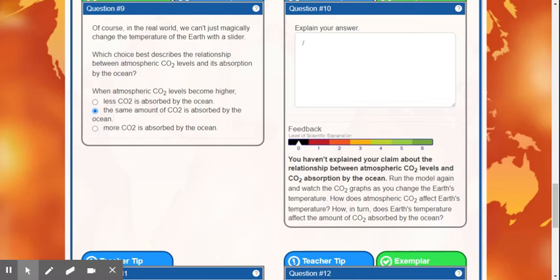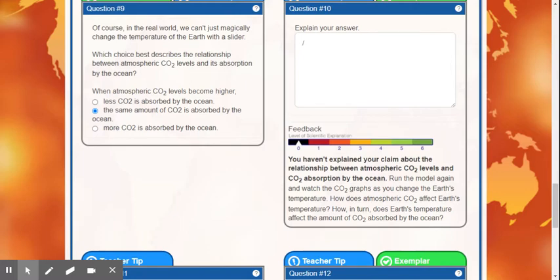But it does give me a clue at the bottom. It says you haven't explained your claim about the relationship between atmospheric carbon dioxide levels and carbon dioxide absorption by the ocean. So what relationship is there between the amount of carbon dioxide in the atmosphere and the amount that is absorbed by the ocean? It says run the model again and watch the CO2 graphs as you change the Earth's temperature. How does atmospheric CO2 affect Earth temperature, and how in turn does Earth temperature affect CO2?